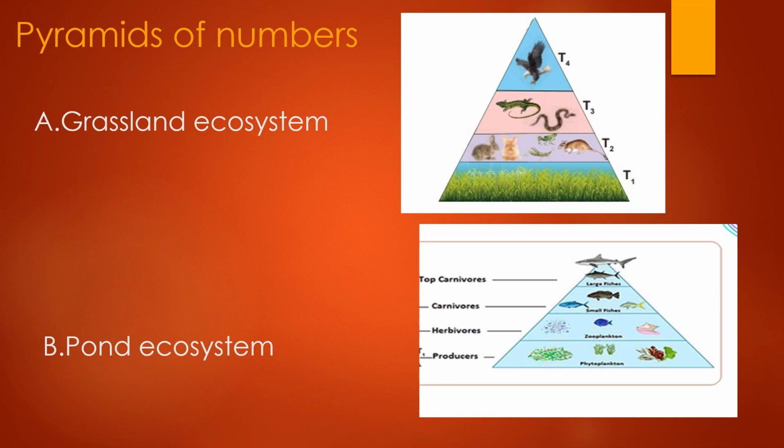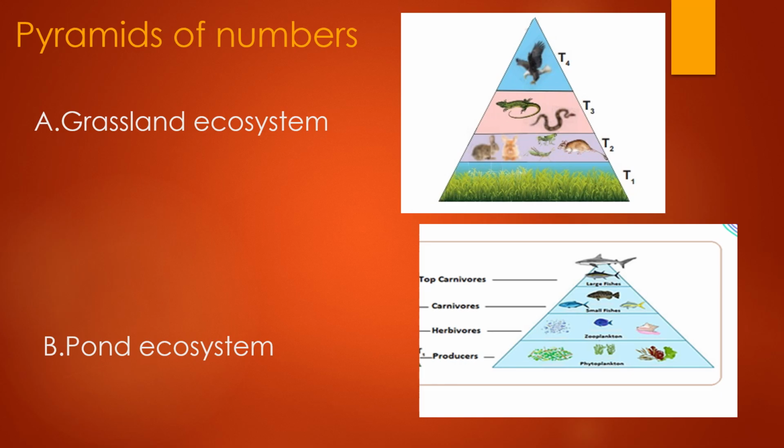So this is T1, trophic level 1. Next one is the consumers, meaning grass eater organisms like rabbit, different herbivores. Their number is decreasing in comparison to the producers. Then the third one is T3, trophic level 3. We get fewer organisms in comparison to T2.